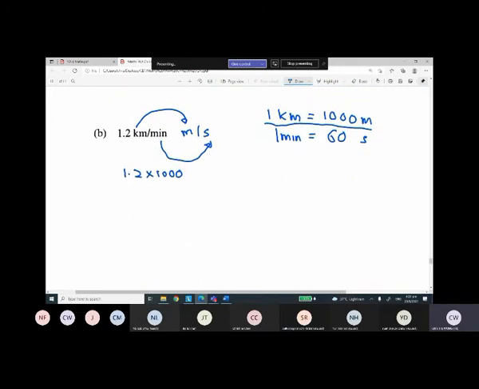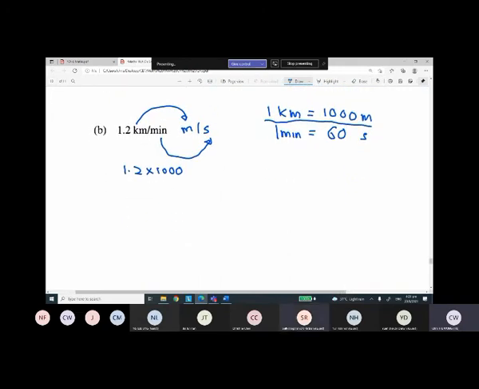So this is meters. Divide, because this is a divide. 1 minute is how many seconds? Per minute means 1 minute, and 1 minute is 60 seconds, so you must put 60 below.